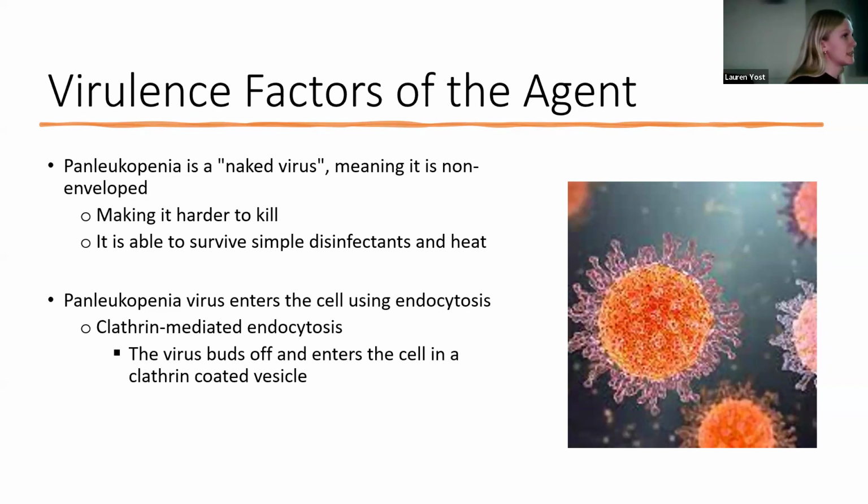This makes it very hard to kill. It is able to survive simple disinfectants and heat, so they have to use bleach mixed to a correct dilution or the disinfectant called Rescue to kill Panleuk. Panleuk virus enters the cell using endocytosis, but more specifically clathrin-mediated endocytosis.